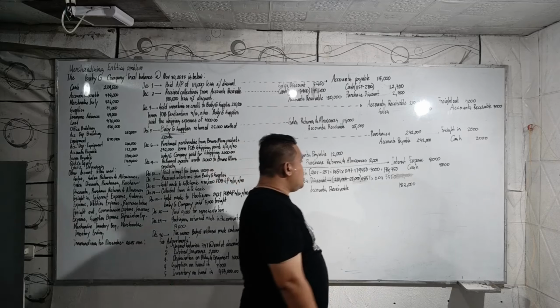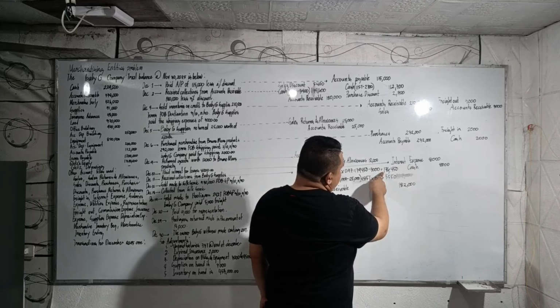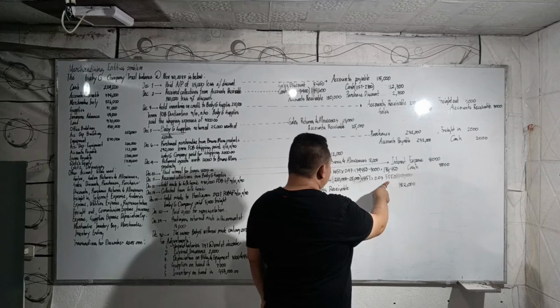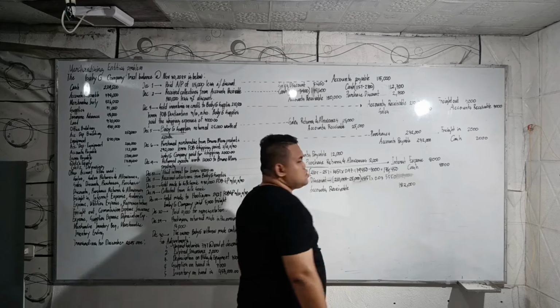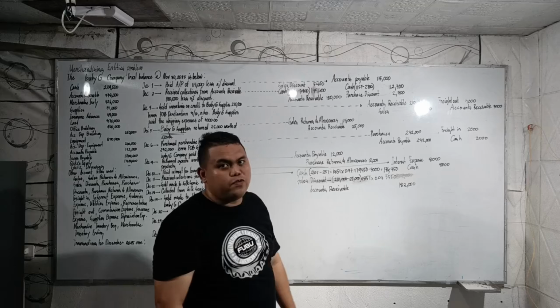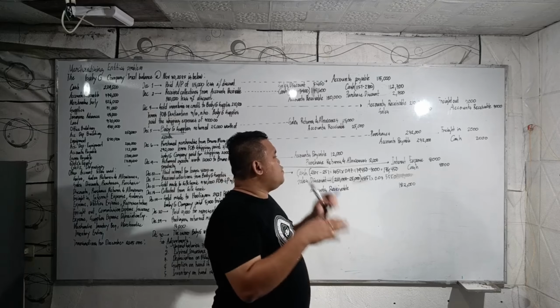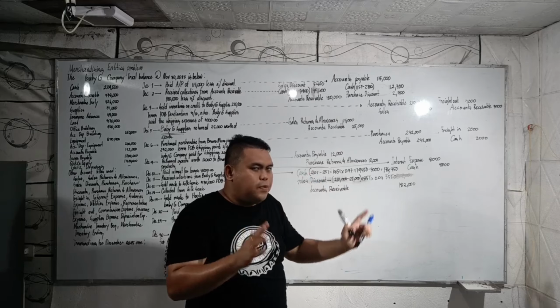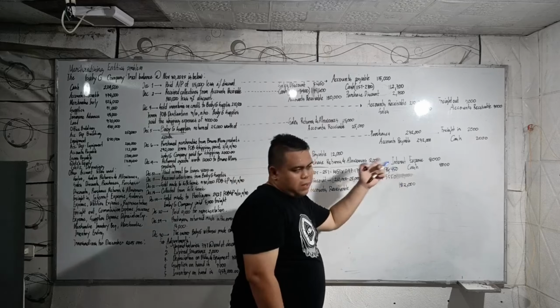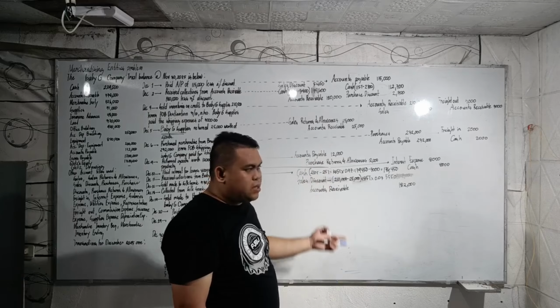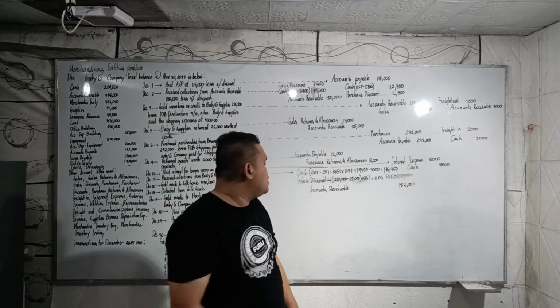Okay? Actually, you'll be able to get this cash if ever 182,000 minus 5,550 discount, you'll have this cash, 176,450.